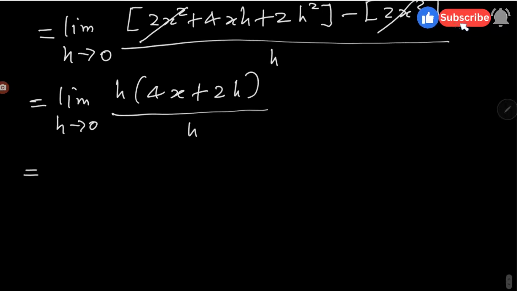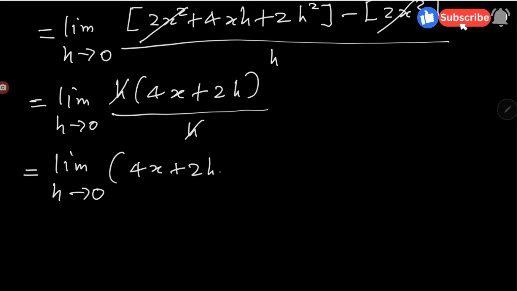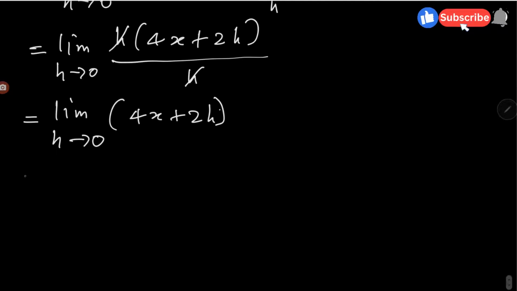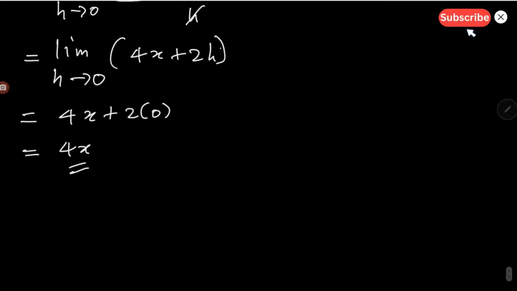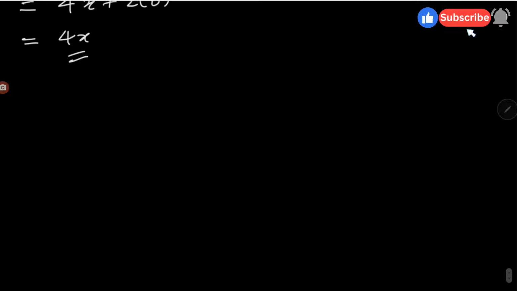Then we'll say this is equal to the limit as h tends to 0. So h and h will go, and remain with 4x plus 2h. So at this stage now we can make the limit to disappear by plugging in 0 where there is h. So this will be equal to 4x plus 2 times 0, and we'll end up having 4x. So that would be the answer to that derivative.